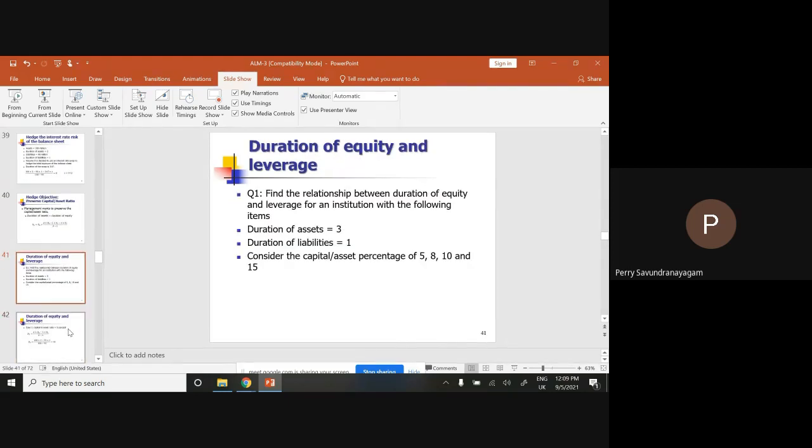Like I said earlier, regarding the relationship between duration of equity and leverage, or rather duration of assets and liabilities, you don't necessarily need to raise deposits or create loans for it. You can do it with other instruments, because you can't change the portfolio mix overnight, so you have to be aware of that.